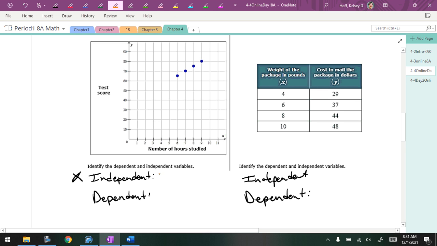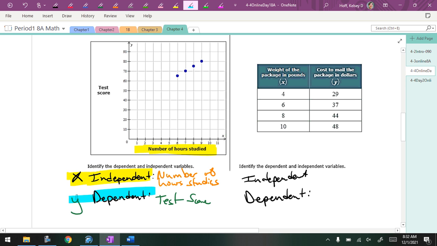Independent, yep. Very good. Number of hours studied. That is our X. Dependent, Petro, is test score. Dependent is your Y. Test score.